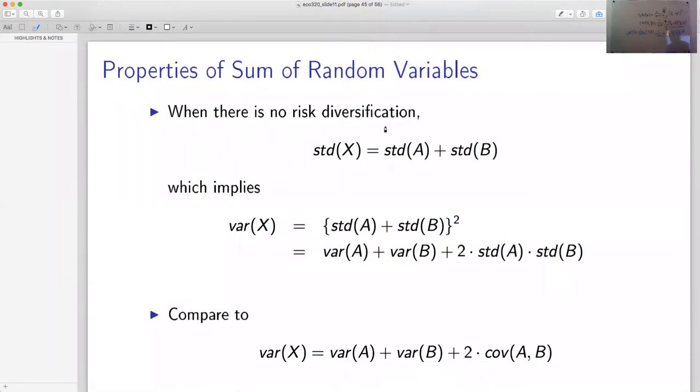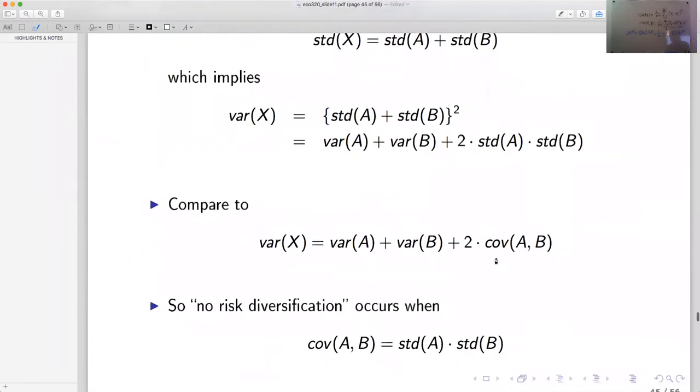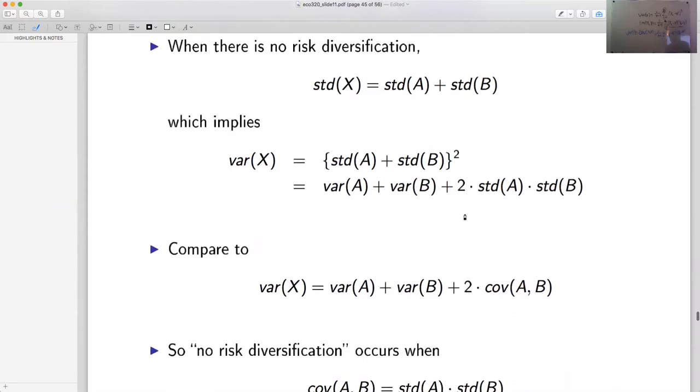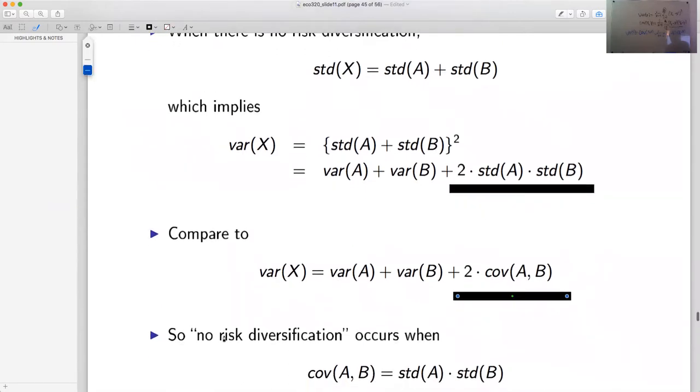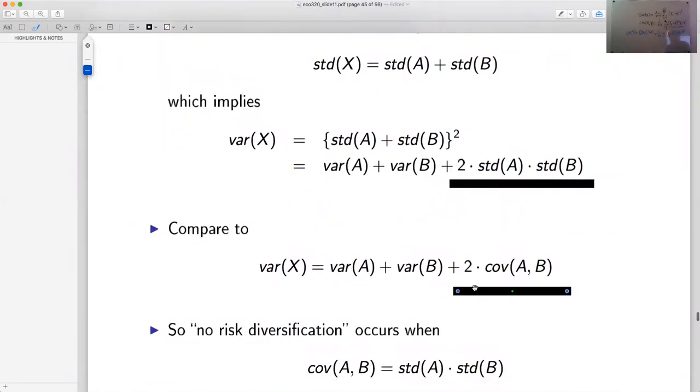When there is no risk, this was the ideal compared to this. No risk diversification occurs when this is equal to this, because mathematically this is equal to this, right? This is a little bit of an advanced topic, that's why I'm moving fast.